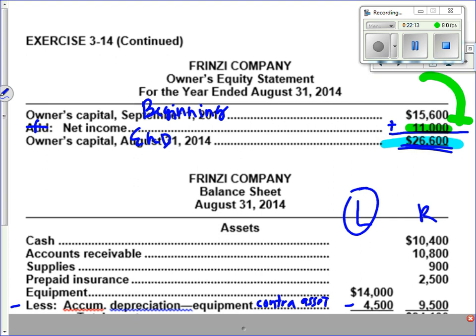Assets normally have debit balances, but because this is offsetting the value, then we're going to subtract it. So you can take your $14,000 minus the accumulated depreciation pile and put that floating balance, if you will, of equipment over back here in the right column.